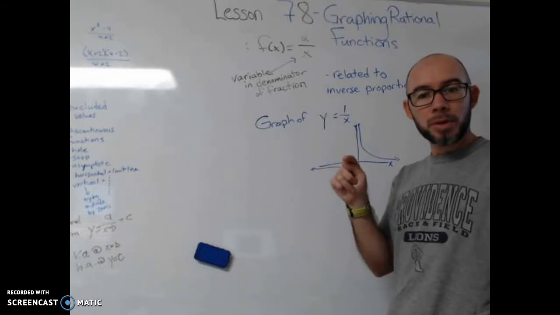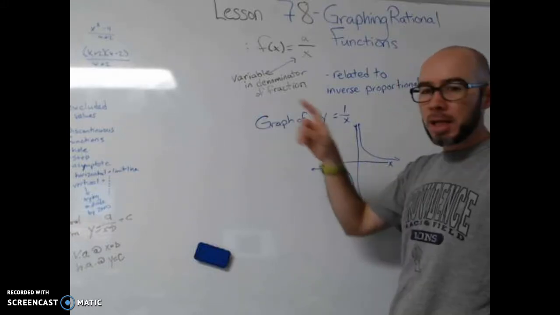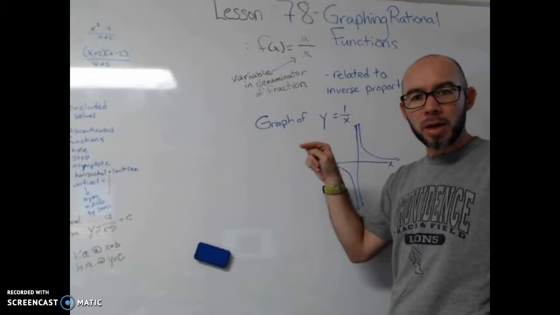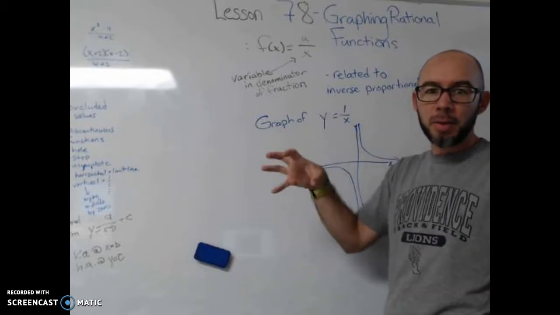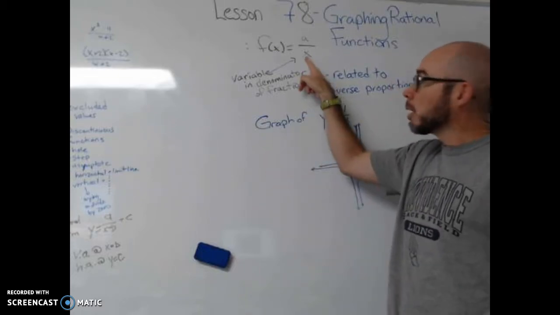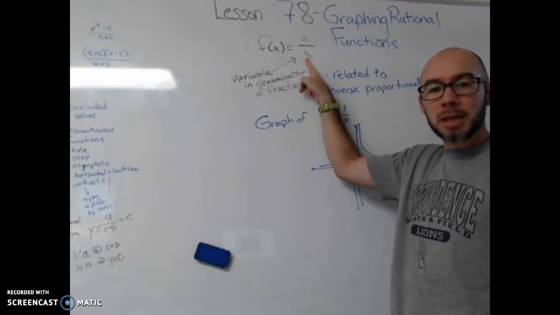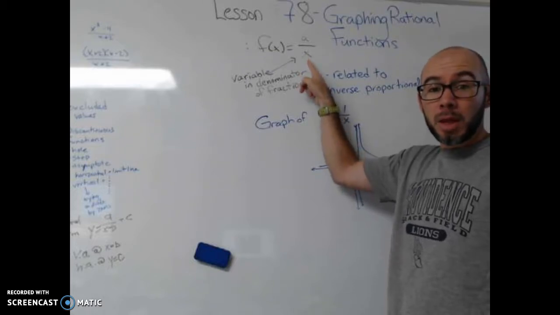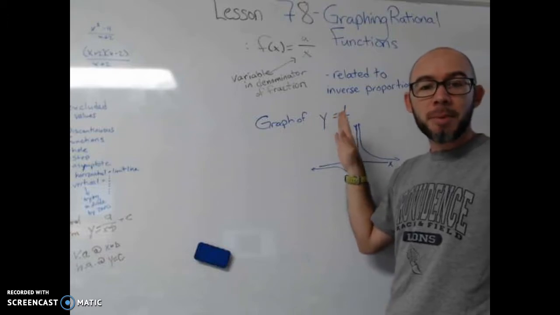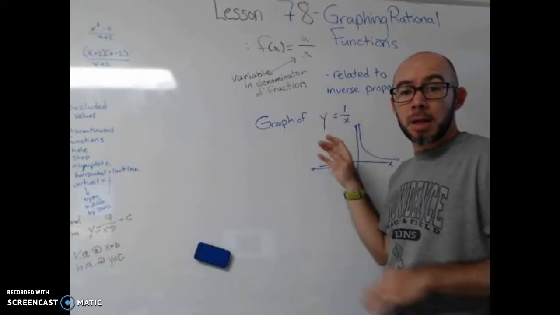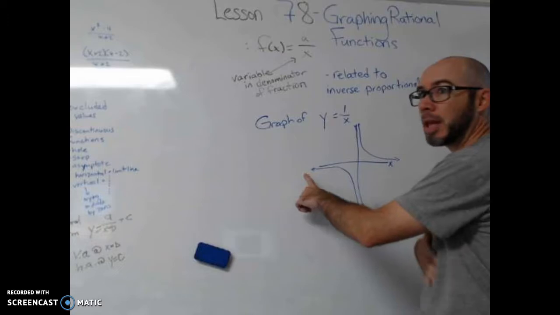Because when you push graph on your graphing calculator, it starts putting in all kinds of numbers and evaluating it. Well, what happens when you try to plug in x equals 0 into this equation? Something weird happens. The graph starts over here with negative numbers.